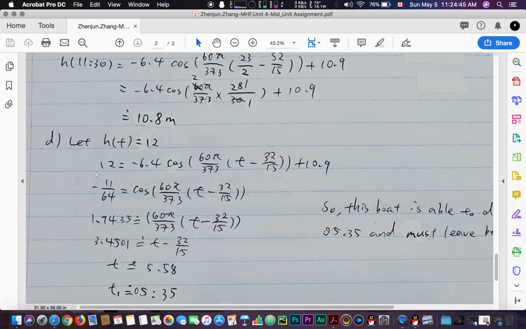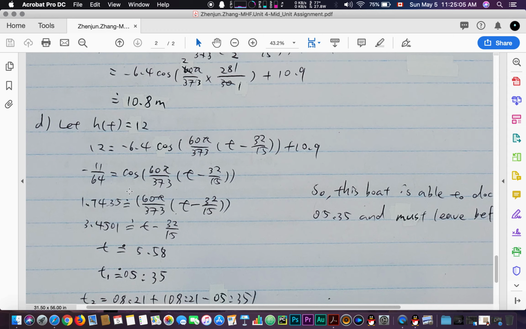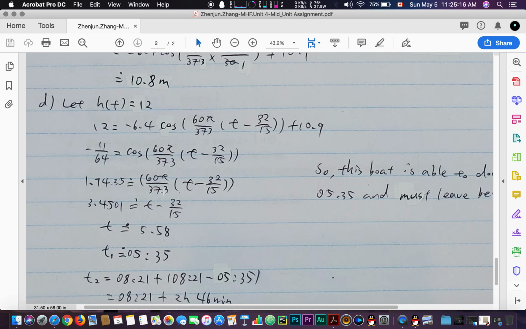We do the calculation here. We move that here and we divide it by negative 6.4. We will get negative 11 over 64 equals cosine 60 pi over 373 times t minus 32 over 15, and then we have 1.7435 equals 60 pi over 373 with t minus 32 over 15, and then we take that out.